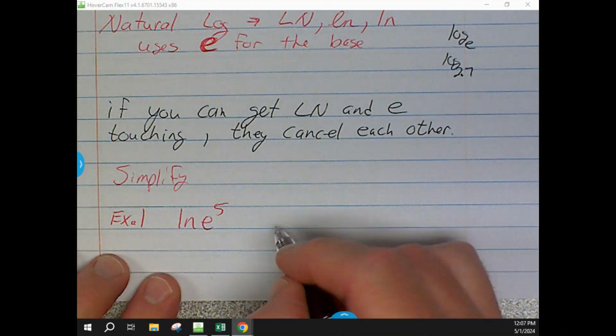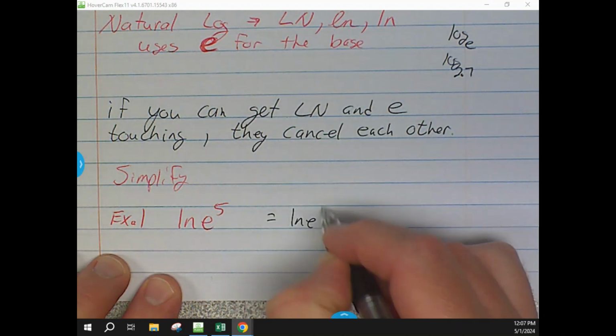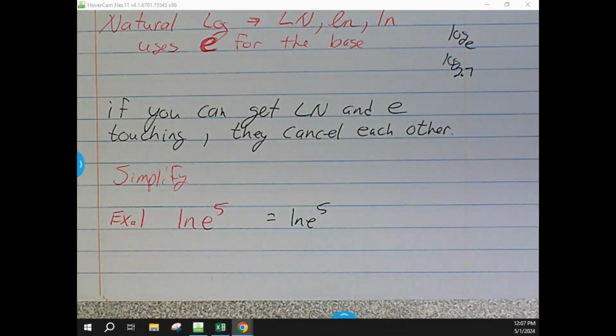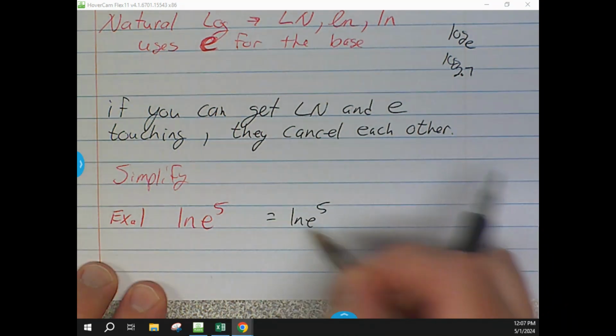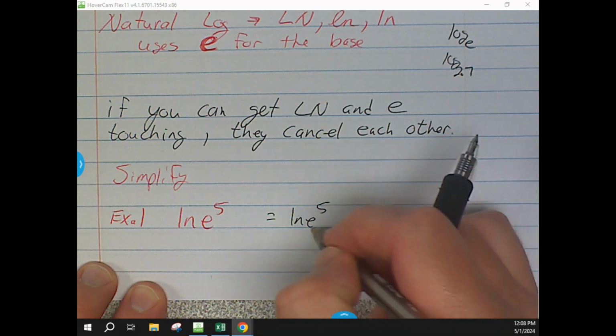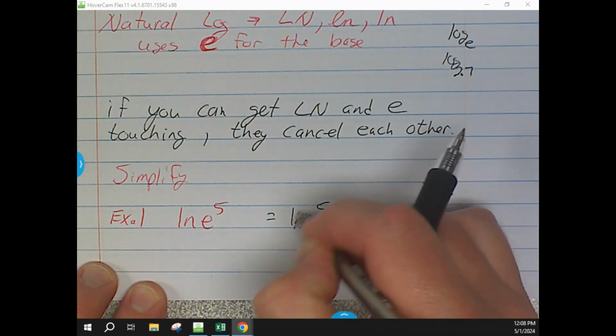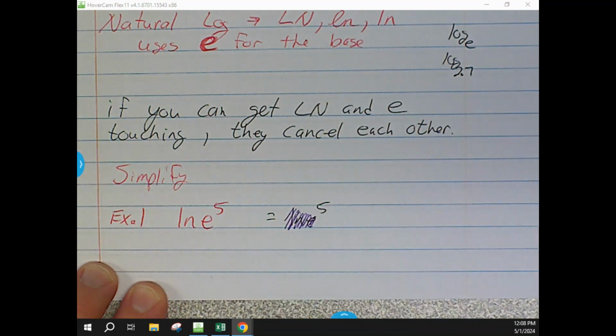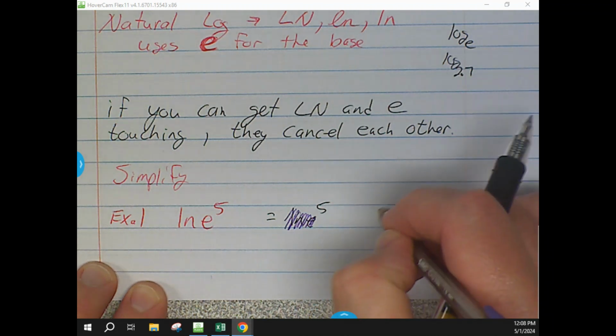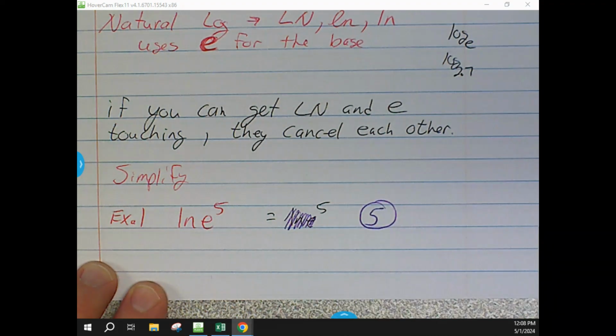Okay, and here's what's going to happen. When you have the ln of e to the fifth, if you can get these two things right beside each other, so they're connected, like they're multiplying or touching, they just cancel each other out. And whatever's left over, that's your answer. So your answer is 5.